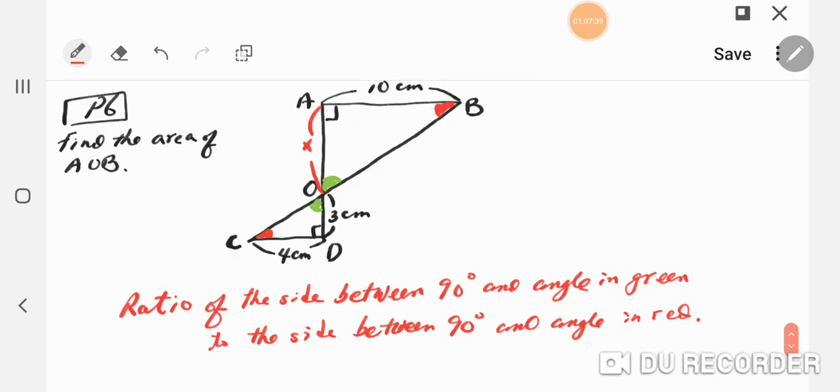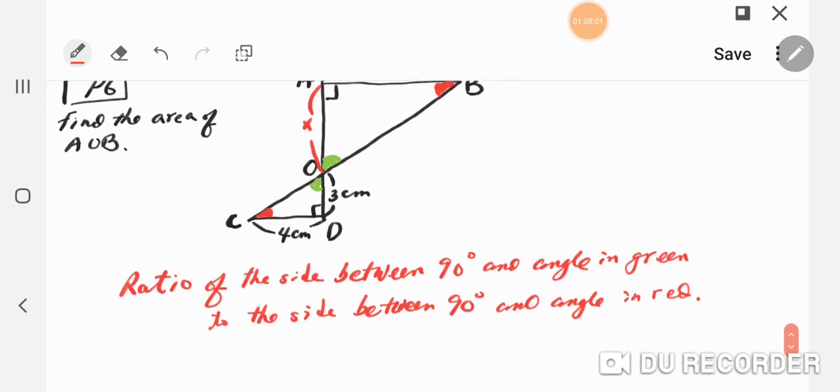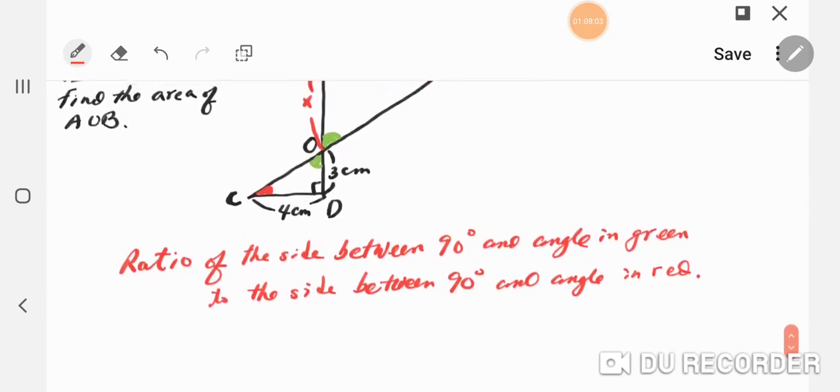In order to find x, we will use the proportion. The smaller triangle gave us the length of two sides, two legs. So what is the ratio of the side between the 90 degrees and the angle in green? Let's write an equation.